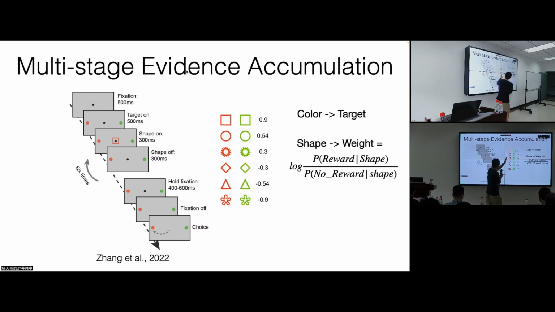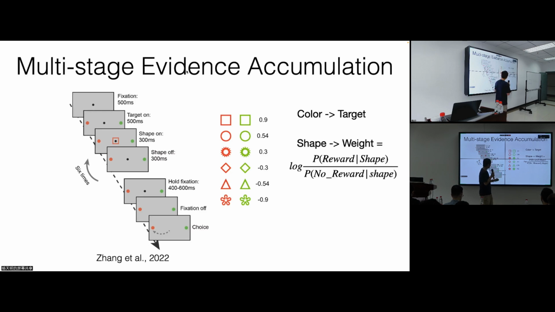Okay, so now this visual stimulus has 2 properties that can be used for decision making. One is the shape. If it's square, that's 0.9. That has a weight of 0.9. That means you will have larger reward probability. But which target will have larger reward probability is determined by the color of the stimulus, right?